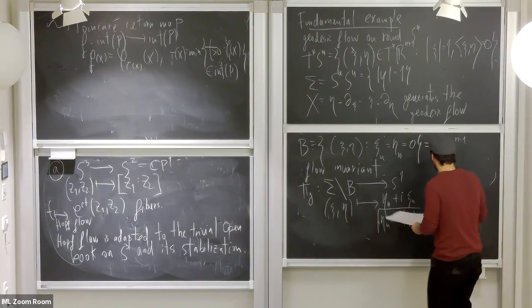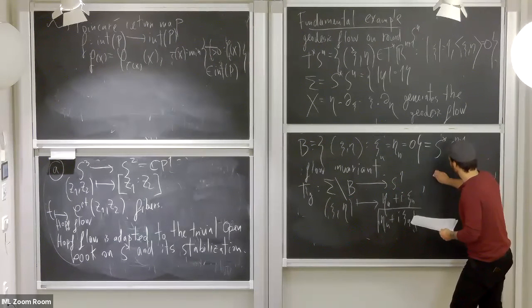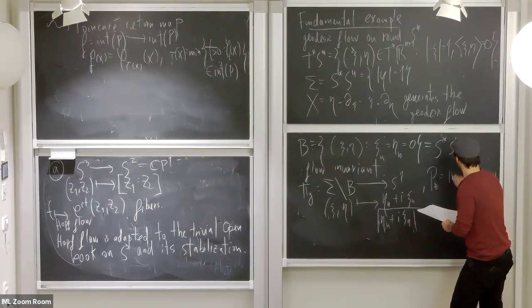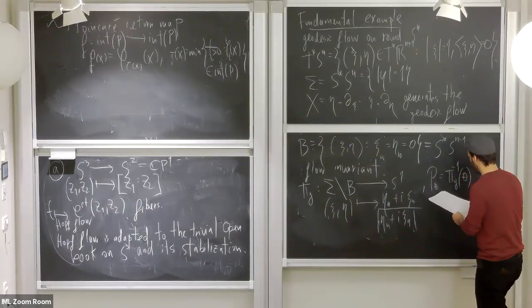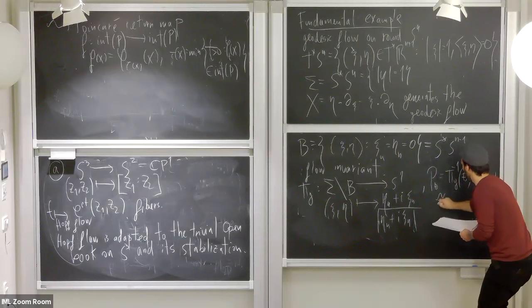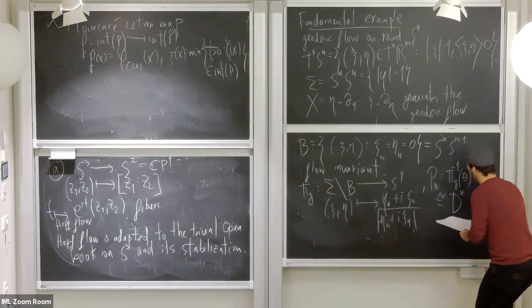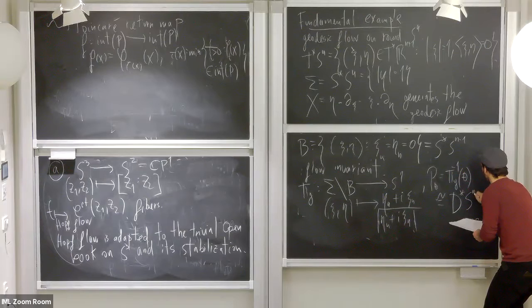And so here, what you can check is that if you look at the theta page, the fiber over theta, this is just a copy of the unit disk cotangent bundle of Sn minus 1.